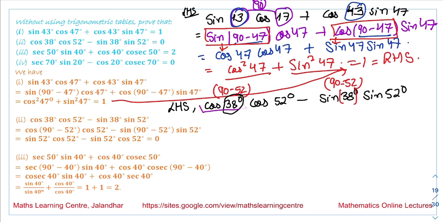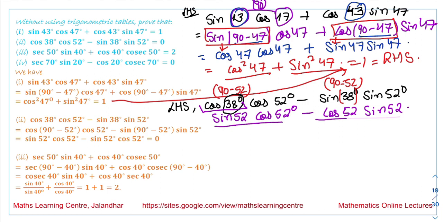So what is cos of 90 minus theta? It is sin theta. So we get sin theta cos theta minus, this term will become cos theta sin theta. Both these values are equal. So the final answer we are getting is 0, and that is equal to the RHS.